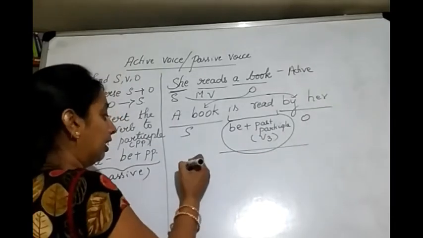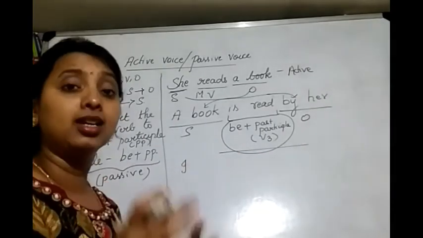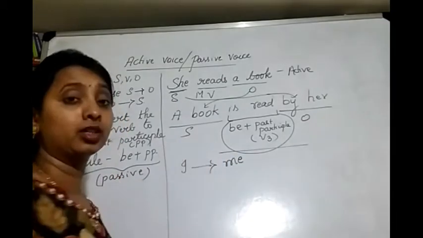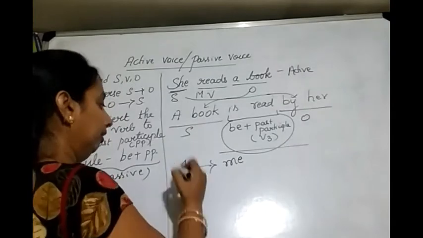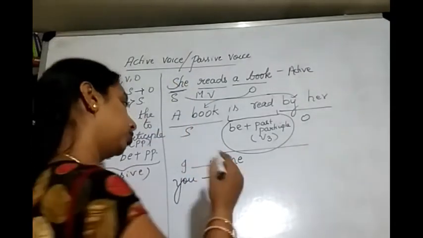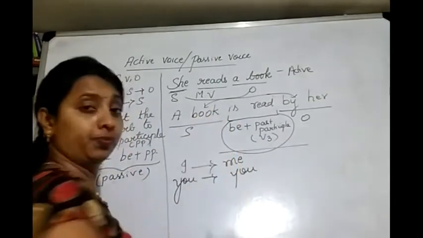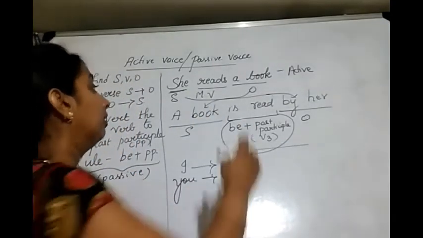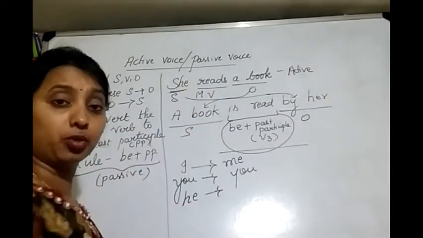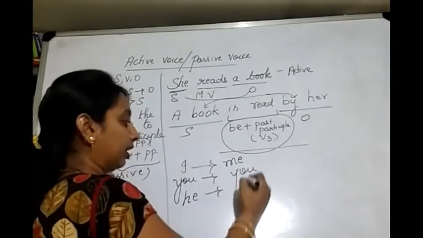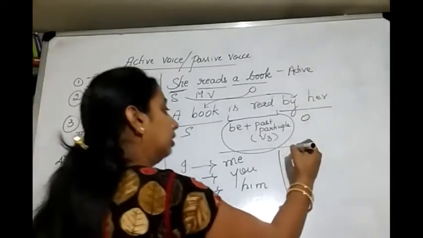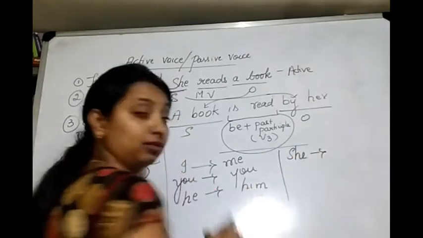So, if you take I, if I is in subject position, when it becomes object, it becomes me. Take a note of this one. Then, if you have you in a subject position, that becomes you itself. Next, if he is there in a subject position, when it becomes an object, it becomes him. Then, she becomes, can you tell me?